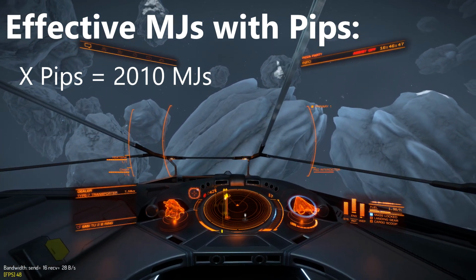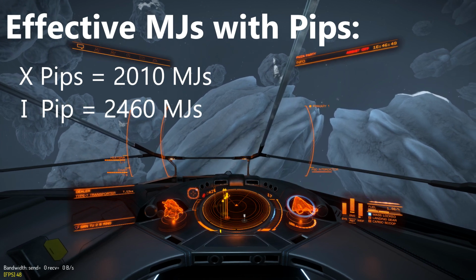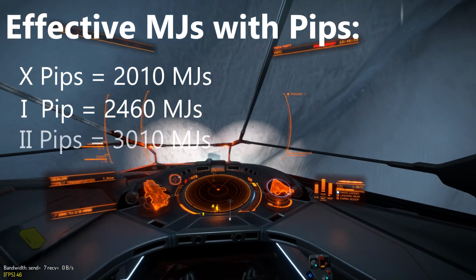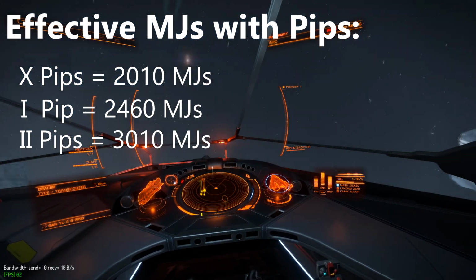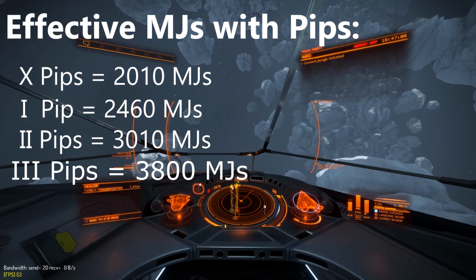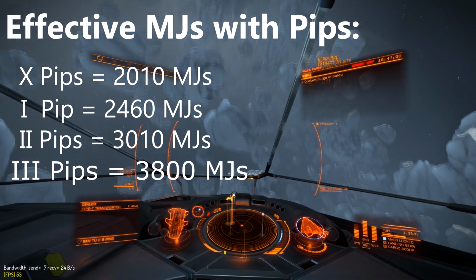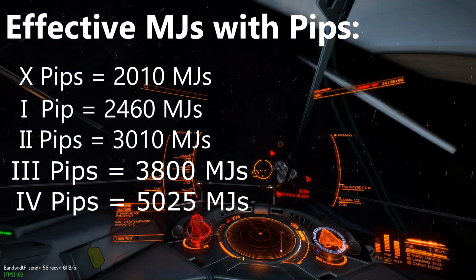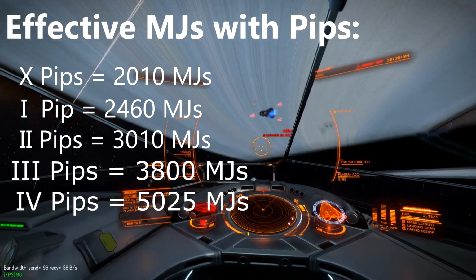With 1 pip, I have around 2460 megajoules. With 2 pips, that becomes 3010 megajoules. With 3, around 3800 megajoules. And with 4 pips to systems, I get a total of 5025 effective megajoules.